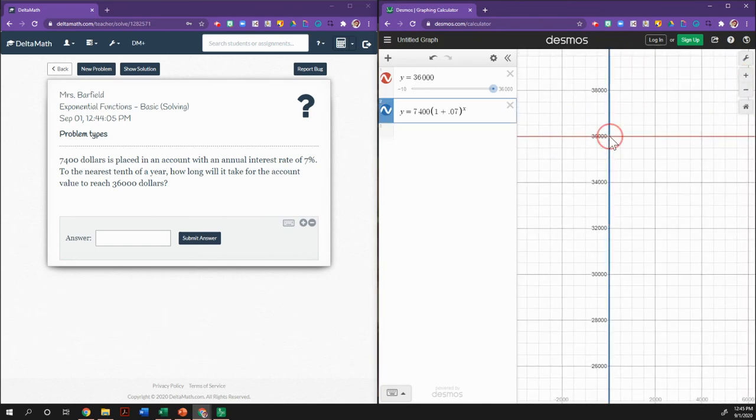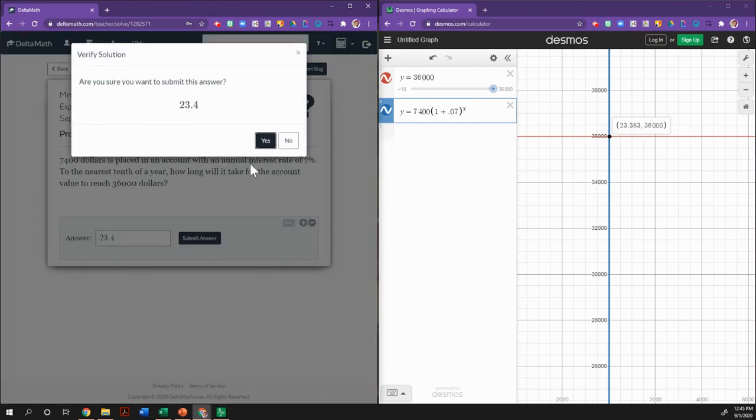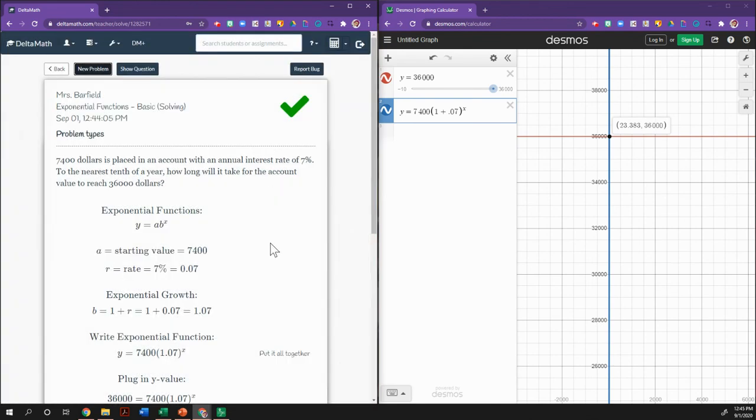There you go. So 23.383 and 36,000. So 23, and to the nearest tenth of a year, 0.4, because that 8 tells me to take that 3 and round up. Submit my answer. Yes, and there we go.